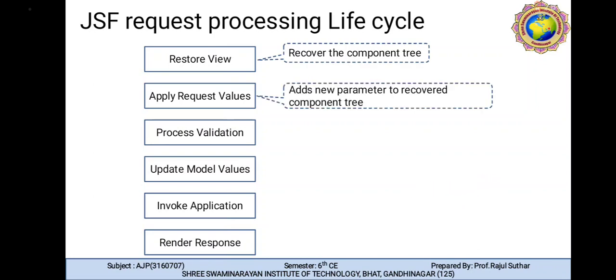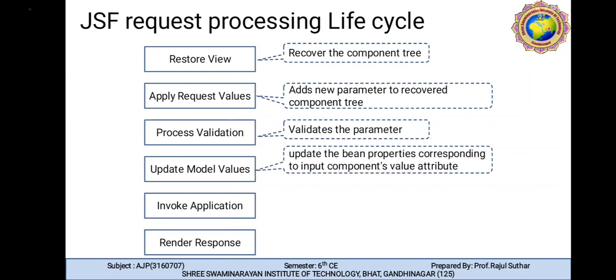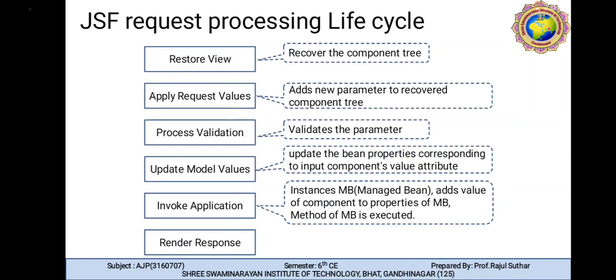We can shortly describe it like this: restore view generally recovers the component. Apply request adds the new parameter to the recovered component. Third, process validation is used to validate the parameter, whether the entry is valid or not. Update model value is required to update the bean property corresponding to the input component as well as value attributes.